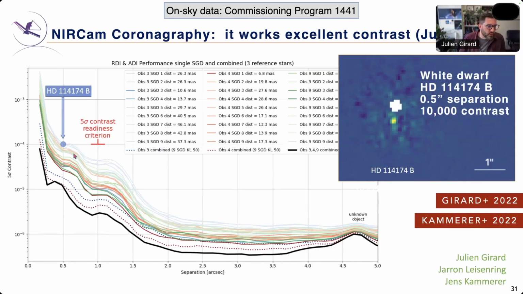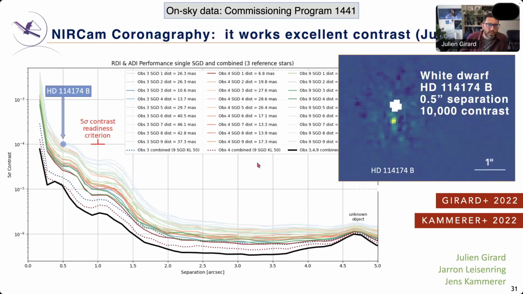At the time, our target acquisitions or centering was not very repeatable and not as good as what it is now. So I performed PSF subtraction using each individual dither for all 3 stars. And you can clearly see the contrast improving when the reference star was at a position closer to my science star, which was this system with a white dwarf at 0.5 arcseconds.